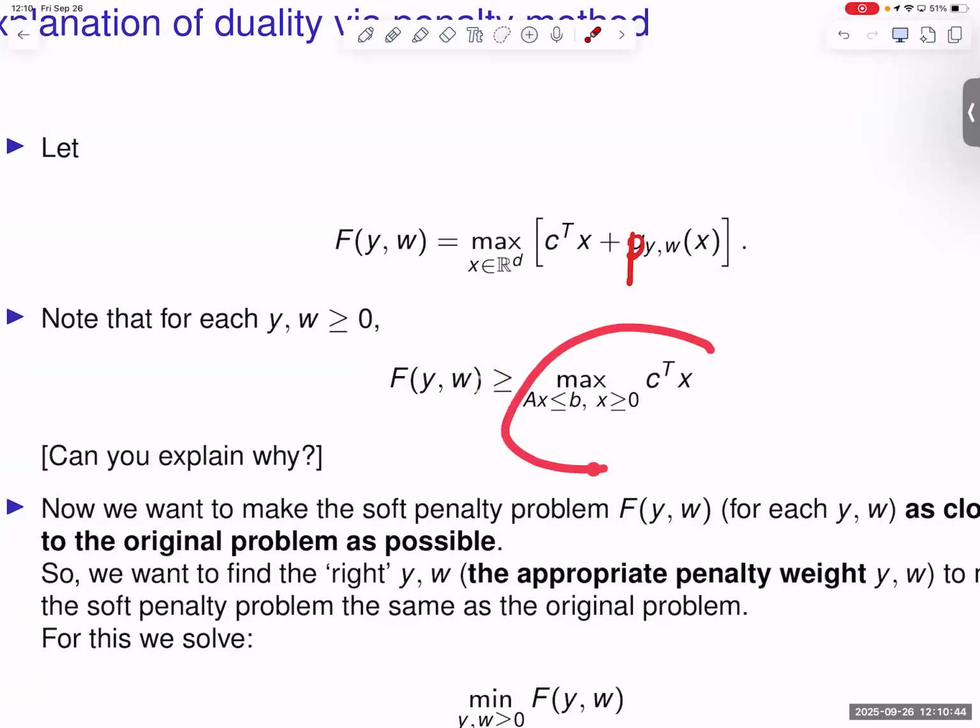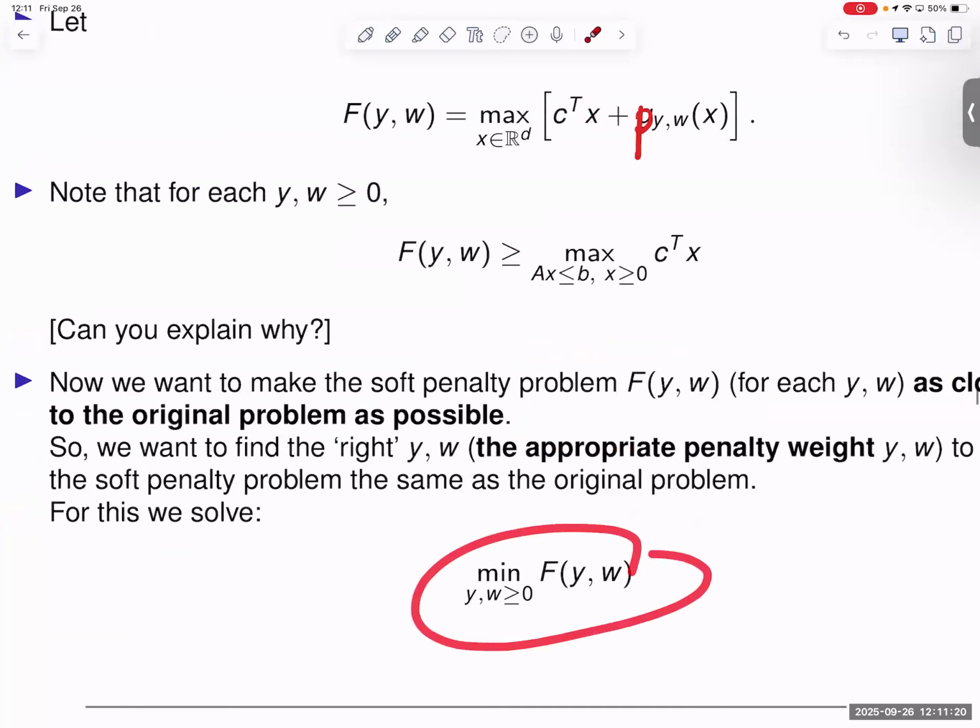So to achieve our goal, to make this choice of the rate of charge in such a way that the result will be as close as possible to the original problem, then what should you do? You want to make this value as close as possible to this value. Then to do that, what do you want to do? You want to, yeah, as she said, minimize this thing. Now the decision variables are this rate of charge, y and w. Okay, so that's why you want to consider this.